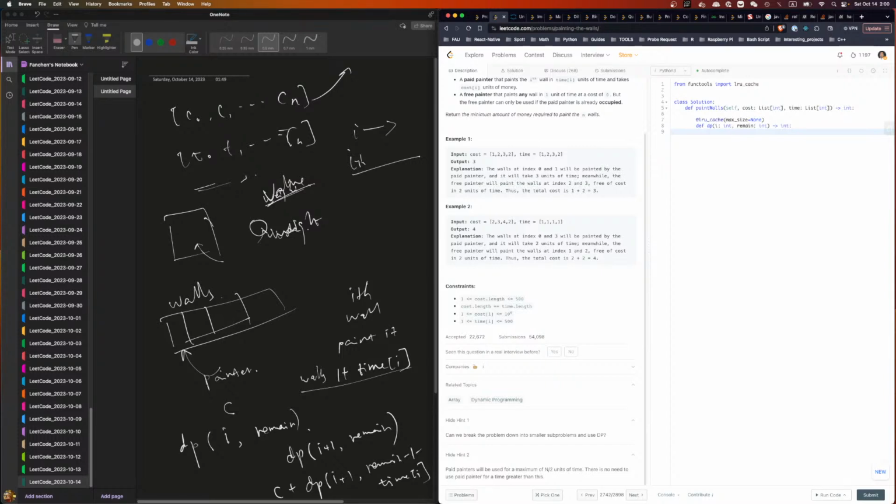This gives me the cost, right? So if remain is equal to 0, then let's return 0.